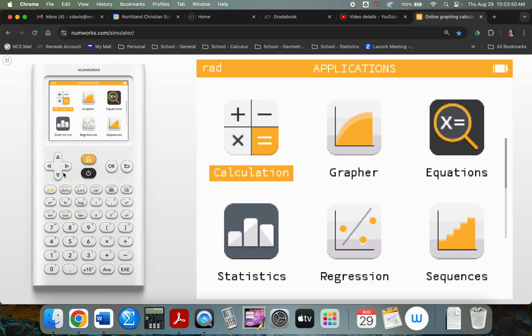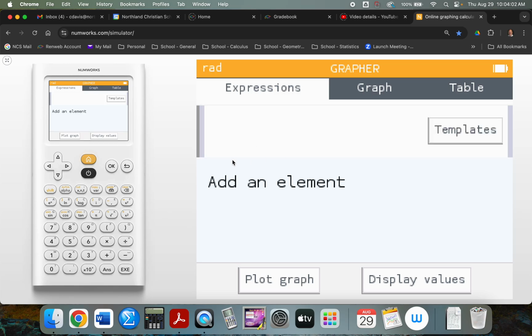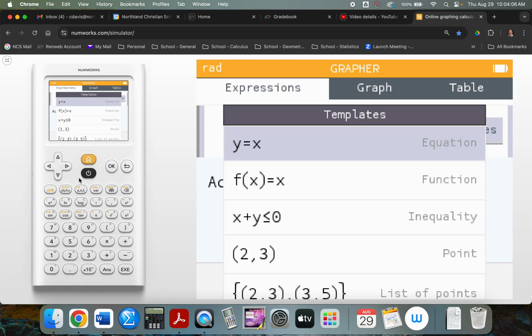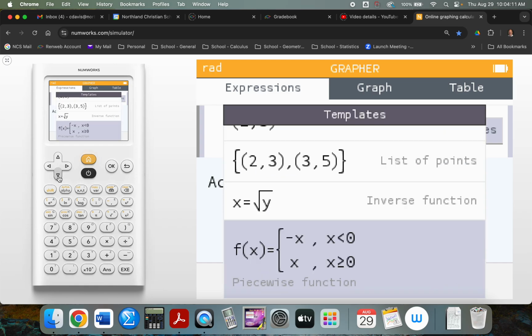All right. So when you're graphing on this thing, one of the built-ins says add an element. If you click on OK and go over to templates, it's got all these built-in things, most of which I don't care about. But right there, we can do piecewise functions, which is way easier.